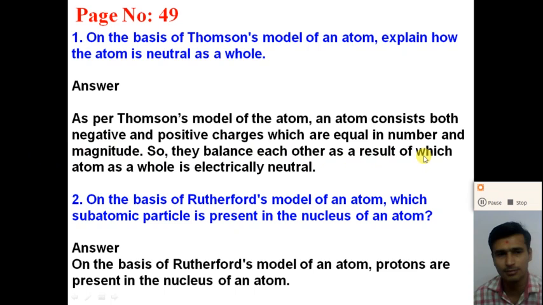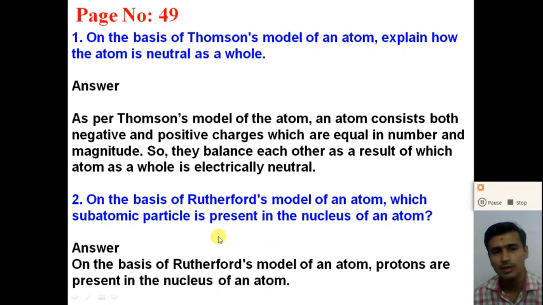As a result, the atom as a whole is electrically neutral. In the previous question also we discussed that the atom consists of equal amounts of positive and negative charge, so they balance each other and the atom is electrically neutral, right?